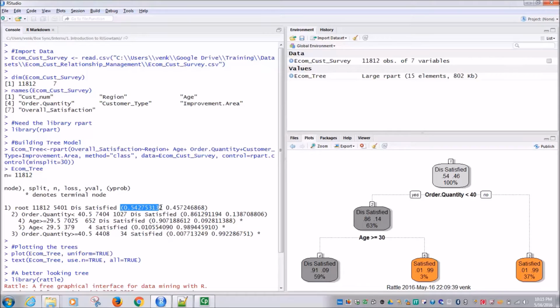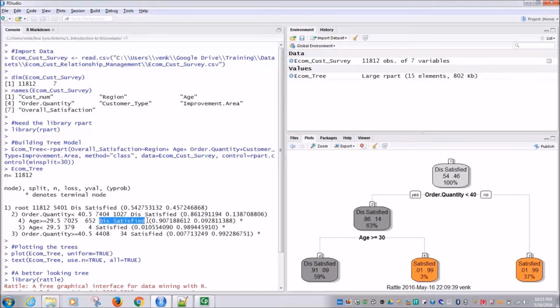Dissatisfied 54%, satisfied 45%; dissatisfied 86%, satisfied 13% in this node; dissatisfied 90%, satisfied 9%. So you can see that here, out of 7025, 90% are dissatisfied. That means almost 6300 are dissatisfied, remaining 650 are satisfied. That's why this whole node is termed as dissatisfied.